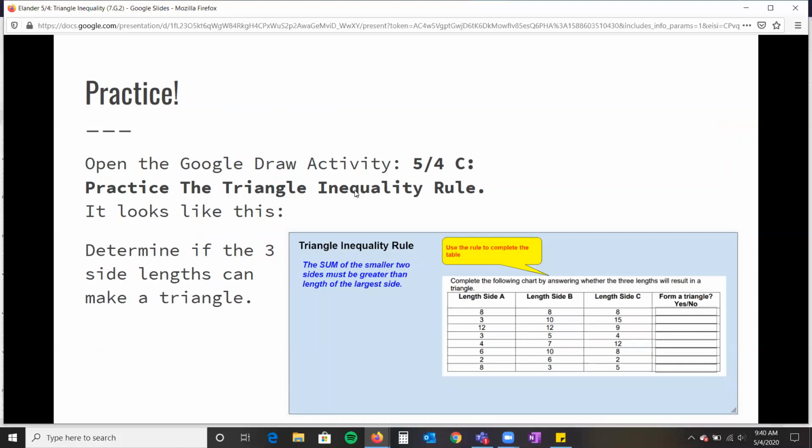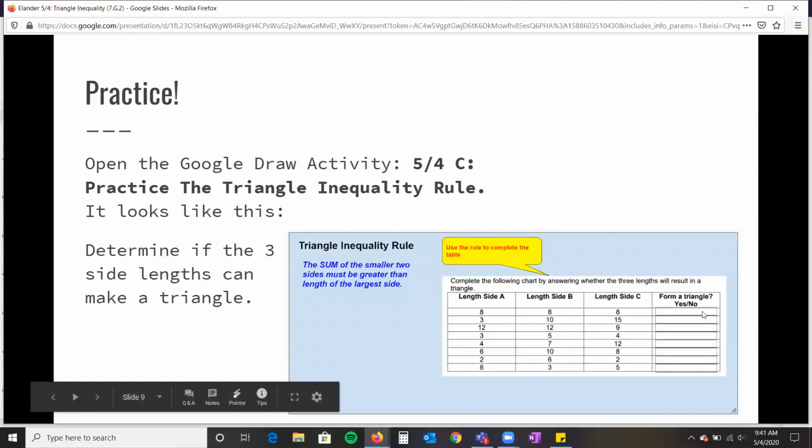So now that you guys know the rule, you won't have to just experiment, which hopefully was helpful, with the GeoGebra lines and spinners. This time, I'm just giving you 3 side lengths, and based on the inequality rule, I want you to tell me if you can form a triangle, yes or no, for these triangles.